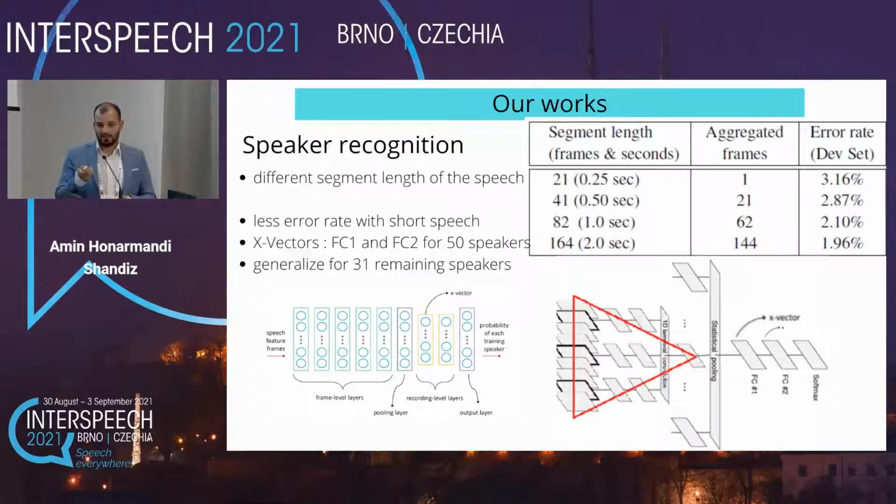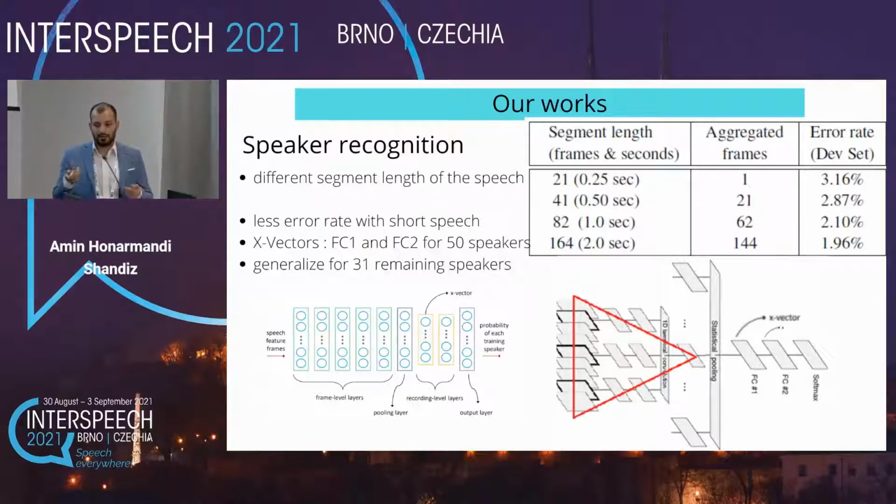We implemented speaker recognition, and we considered different segment lengths, for example, 21 to 164, which is the whole utterance segment length. We saw that for each utterance we can have a lower error rate for speaker recognition.